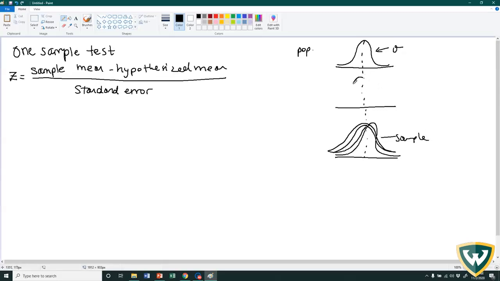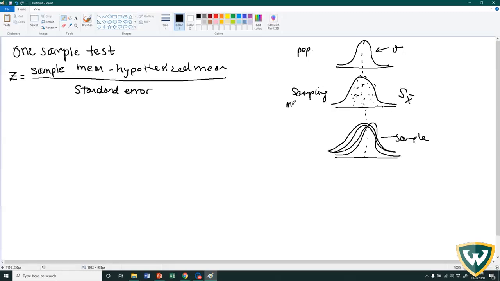And the standard error is actually, so this is S X bar, the standard error is actually the hypothesized standard deviation of a bunch of sample means that are plotted up on a distribution. It's called the sampling distribution. A sampling distribution is a distribution of multiple samples plotted together, all right?